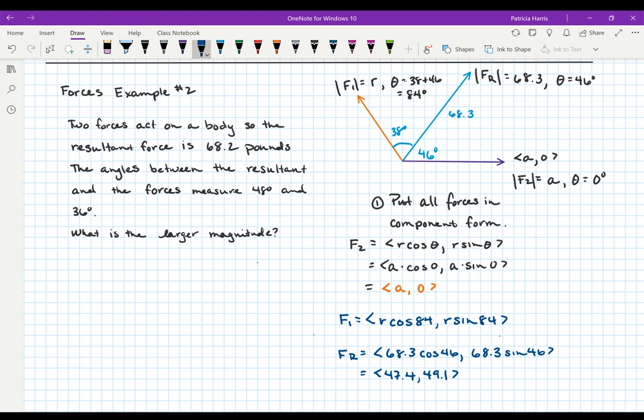Okay. So now I've got a lot of info. I've got the component form for force 2, component form for force 1, and the component form for the resultant force.